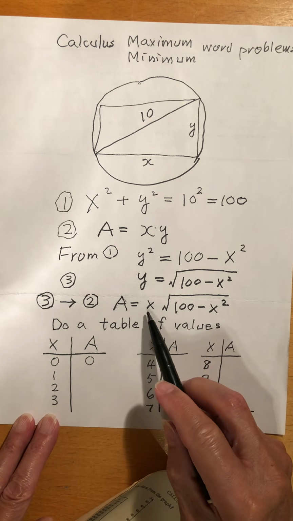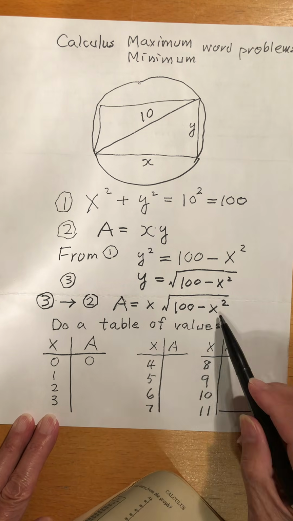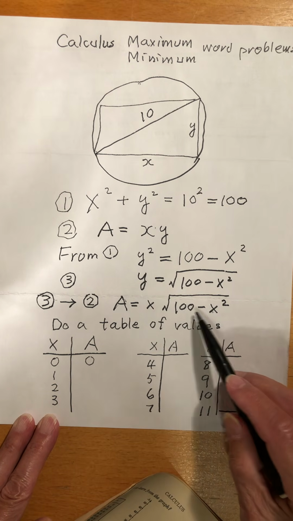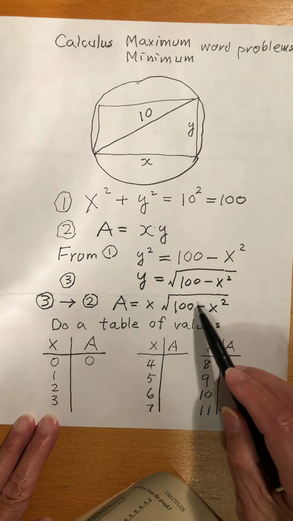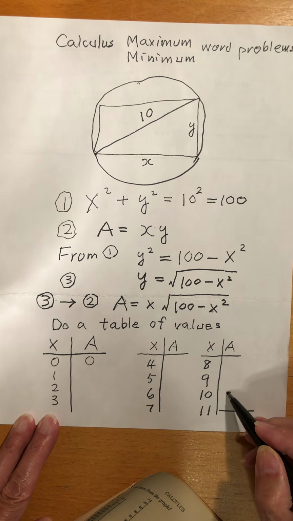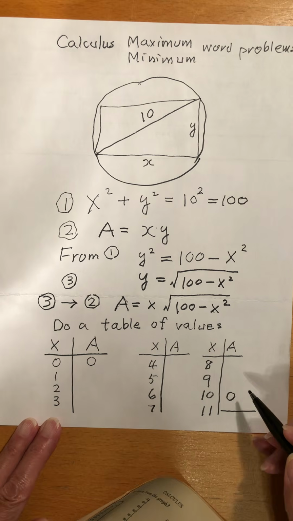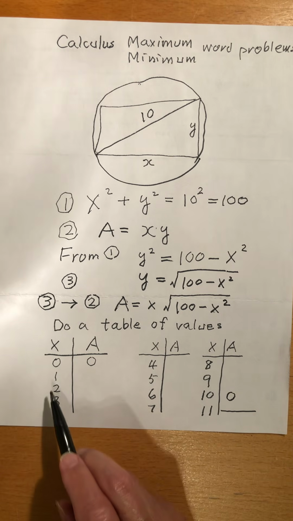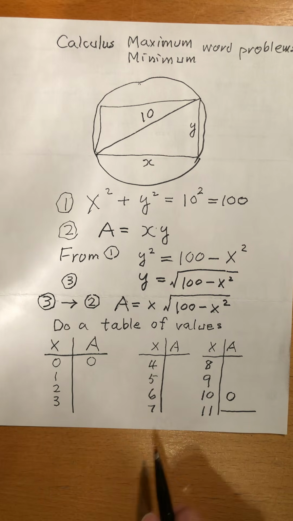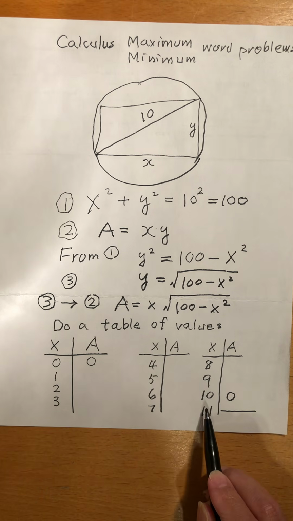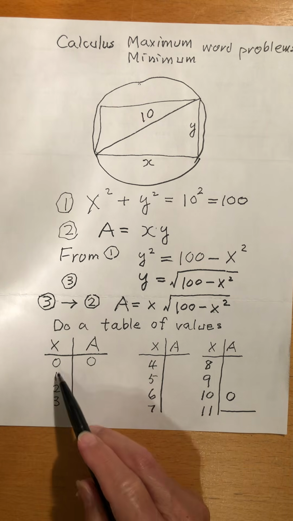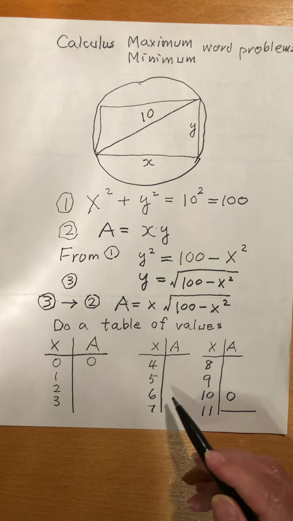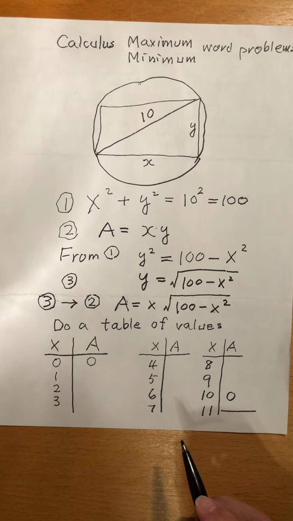When x is 0, A is 0. When x is 10, 10 squared is 100. So 100 minus 100 is 0, so it's again 0. You see something? If x is 0, area is 0. If x is 10, the area is 0. So between 0 and 10, the area looks like there is a maximum.